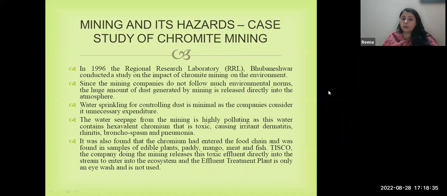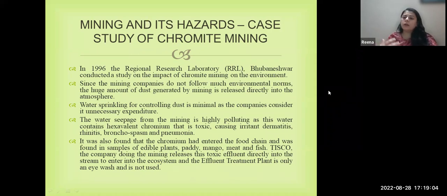The Regional Research Laboratory of Bhubaneswar conducted a study on the impact of chromite mining on the environment. They identified that water seeps from the mining locations, and it is highly polluting as it contains hexavalent chromium, which is toxic. Hexavalent chromium is otherwise located in these mines at a very deep depth.